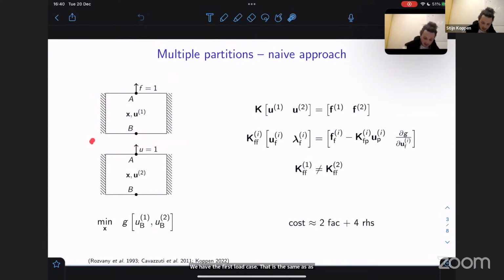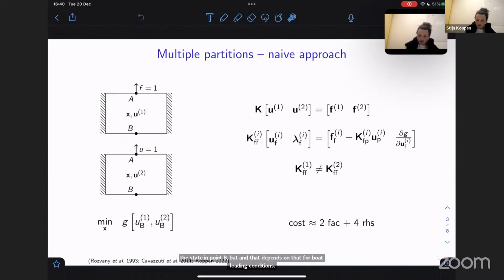And we add a second loading condition where we made one very important change. Instead of having here load 1, we now have a displacement, or we prescribe the state to 1. So we have there a change of boundary condition. And we assume that we have a response function that depends on the state in point B, and that depends on that for both loading conditions.